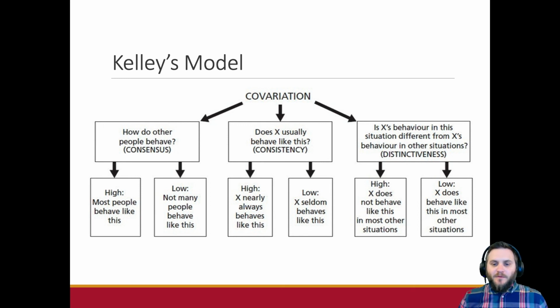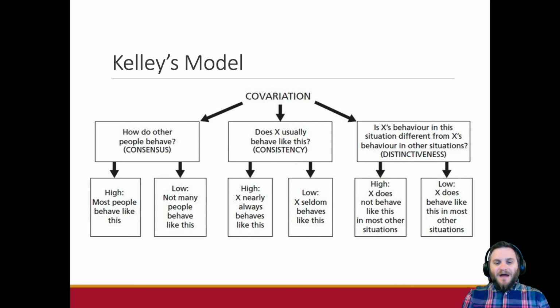So, for example, an internal attribution is likely going to have high consensus. Most people behave like this. High distinctiveness. X does not behave like this in other situations. So something about this situation. And high consistency. X nearly always behaves like this.